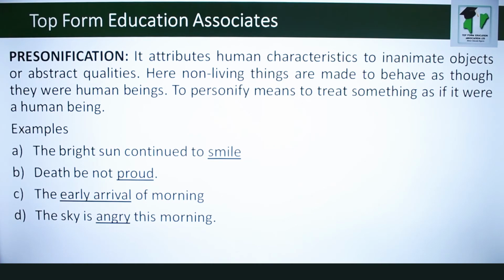Example D, the sky is angry this morning. The sky, of course, is an inanimate object. There is no way the sky will wear the face of a human being and become angry. But here it is personified. The sky is personified to be angry.